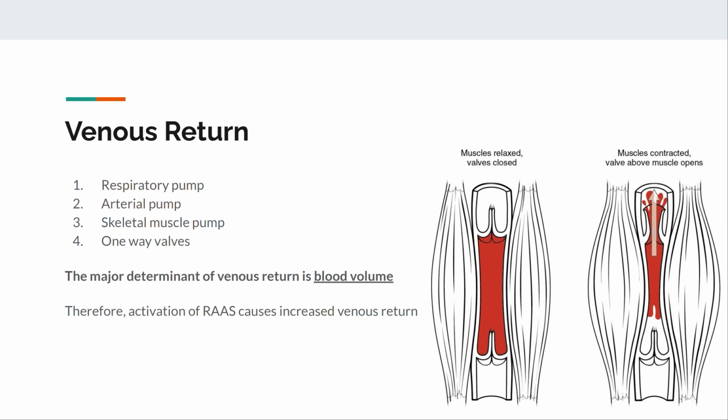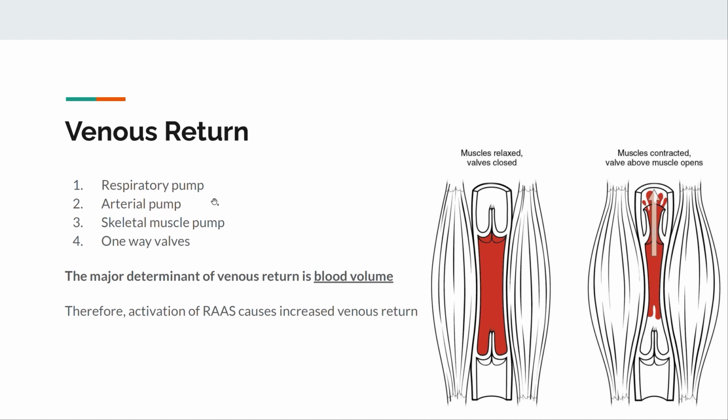Anything that squishes a vein will help to push blood back up through that vein, because that column of blood will go up through the valves and make its way back to the heart. So the aorta being next to the vena cava does this.